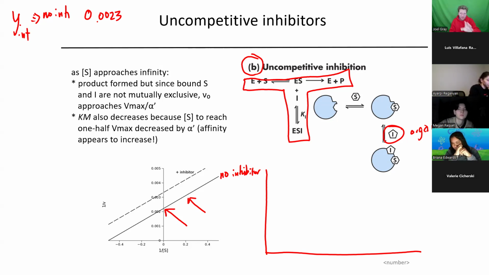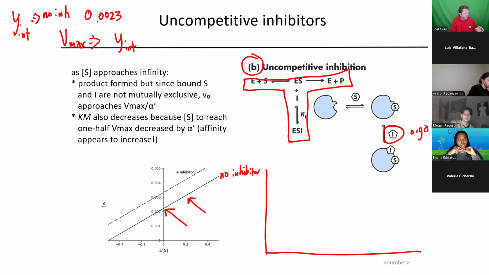And with that number, what can we do? We can figure out our Vmax without our inhibitor. So this is like your enzyme is optimally set up to do its reaction. What is our Vmax? I'm going to draw a little line, because what I like to do is say y-intercept is equal to 1 over my Vmax.